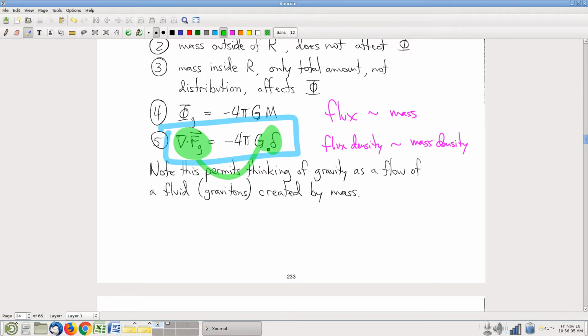Mass creates a gravitational field. That gravitational field has a divergence. The divergence is the density. So here's another way to say it. Divergence relates to a vector field kind of in the same way that mass density relates to a gravitational field. If you want a physical metaphor for divergence as relates to a vector field, the physical metaphor is think about how mass density relates to its resulting gravitational field. Anyway.